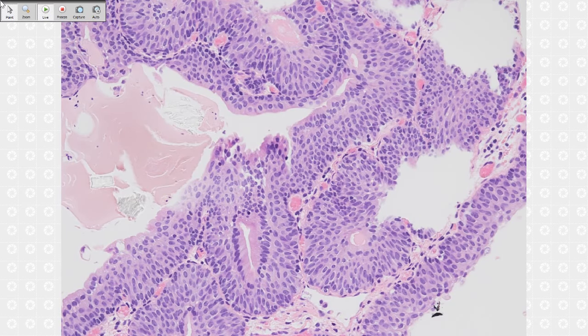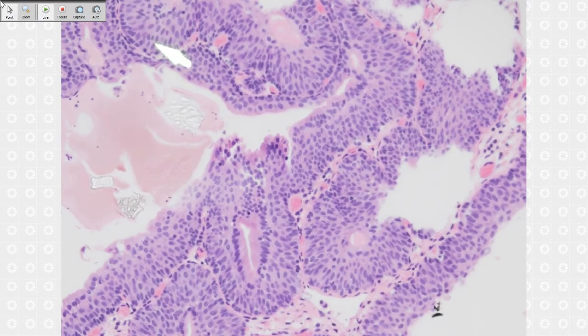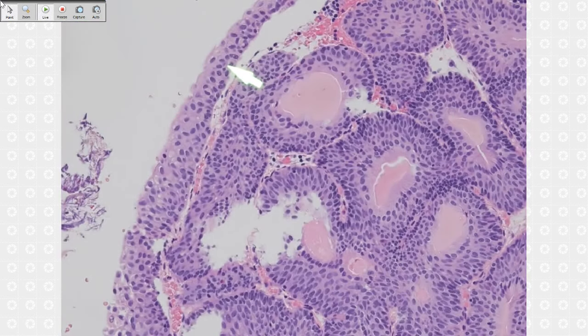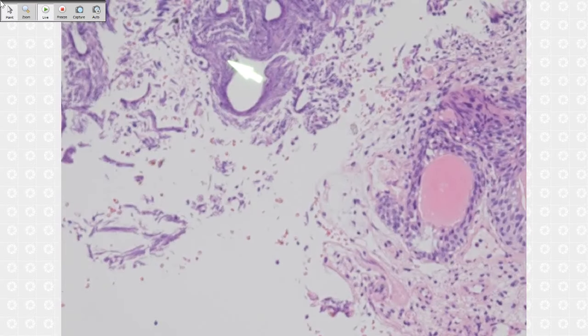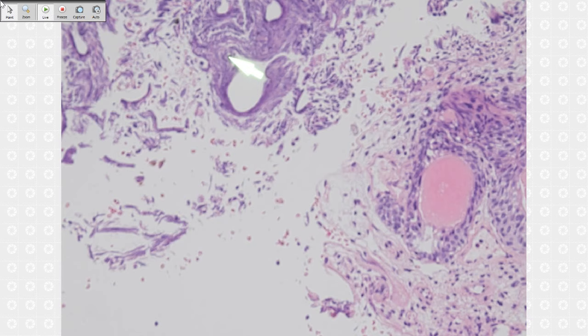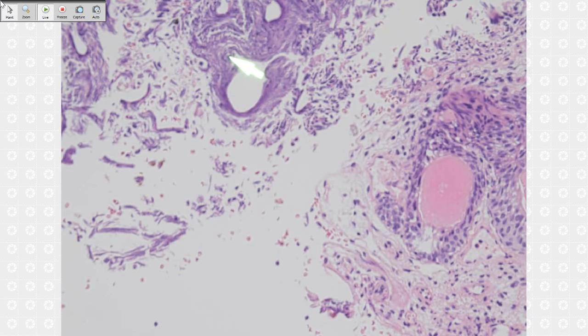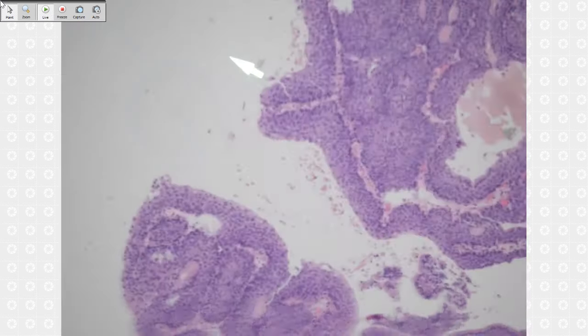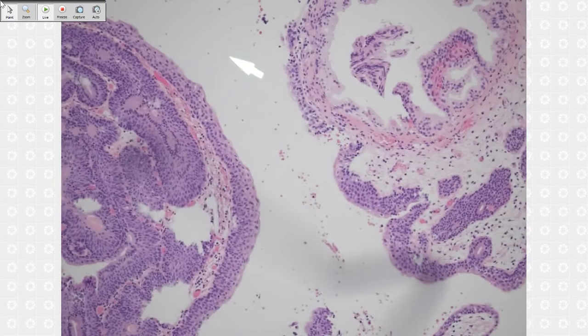In this case it's not that obvious, but you do appreciate the peripheral palisading. It's very well circumscribed, with anastomosing cords of urothelial cells and no cytological atypia, which is why you go with inverted papilloma, okay? But does inverted papilloma still belong to cystitis cystica? No, different. This is a neoplasm, a benign neoplasm.